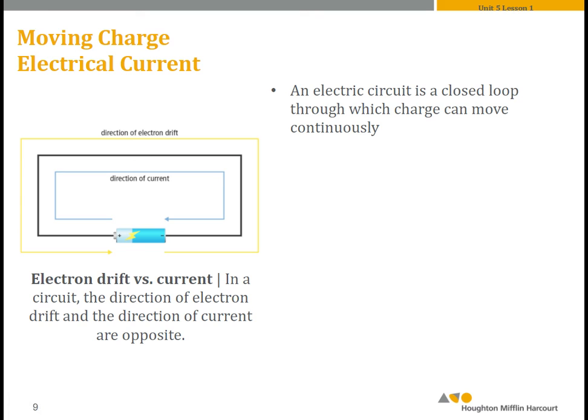An electric circuit is a loop of conductive material through which a charge can move continuously. So the electrons can drift in one direction through the conductor.